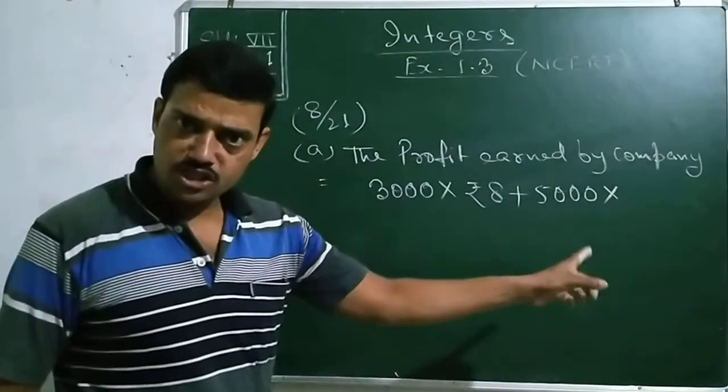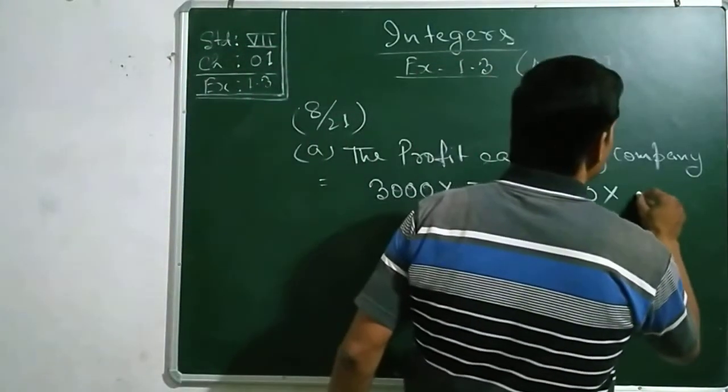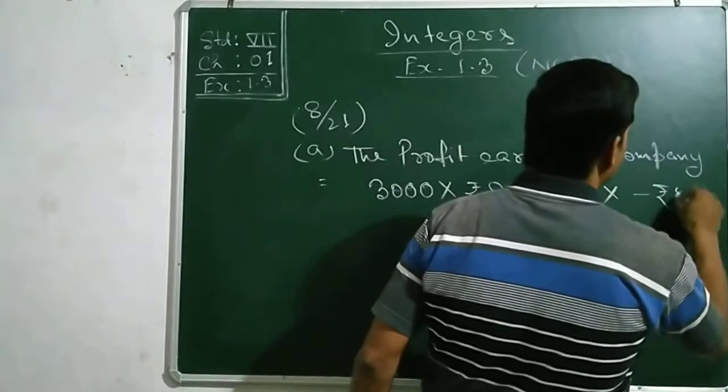So the loss must be written as a negative integer, minus rupees 5.